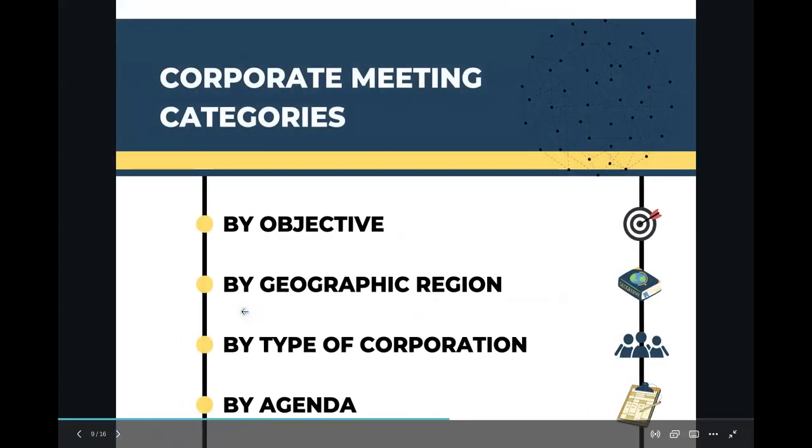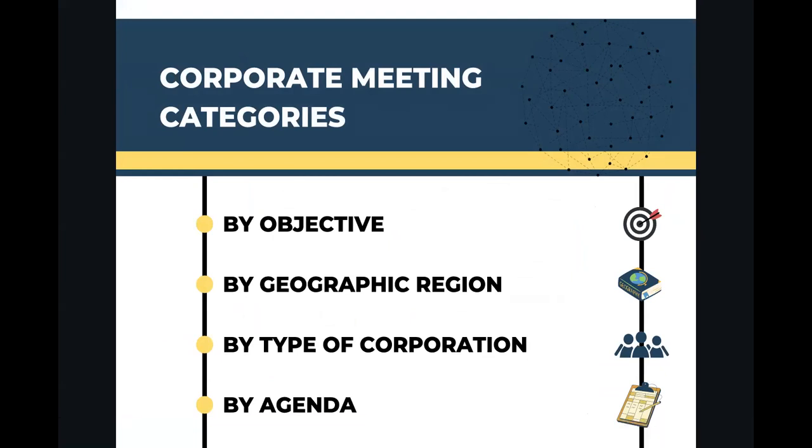Okay, and then we will talk about corporate meeting categories. The first one is by objective. There are seminars, workshops, brainstorming, and panel forums. And the second one is separated by geographic region. There are international corporate, regional corporate, national offshore, and domestic corporate.